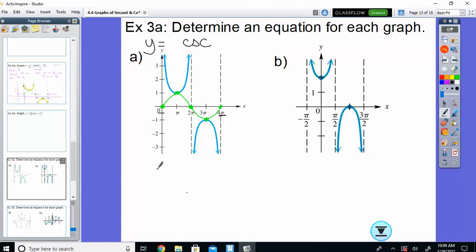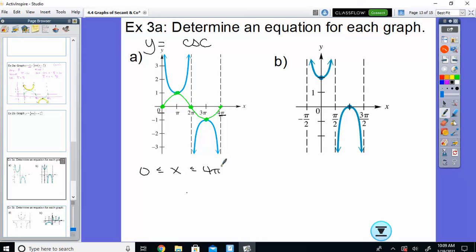There are different ways to approach this. Since this one started at 0, we could just treat it as a period, but I want to talk about if I went from an interval. This graph started at 0 and ended at 4 pi. We know the normal secant and cosecant graph would go from 0 to 2 pi.